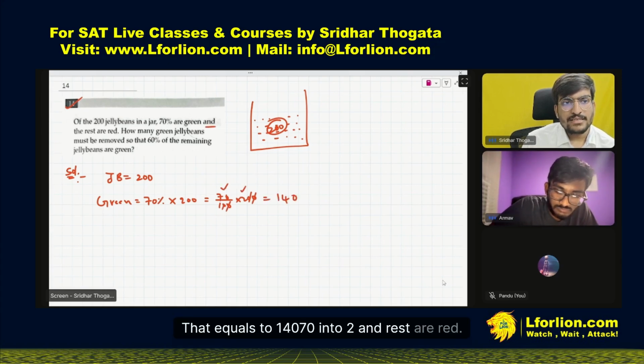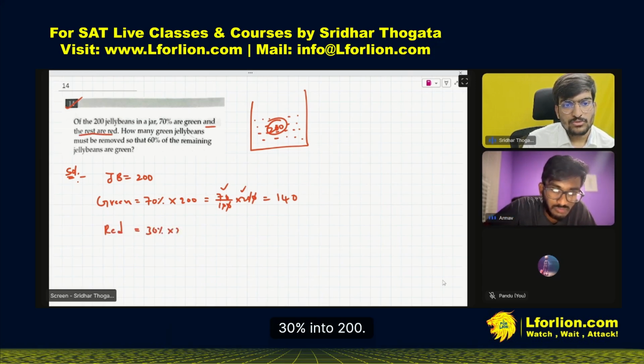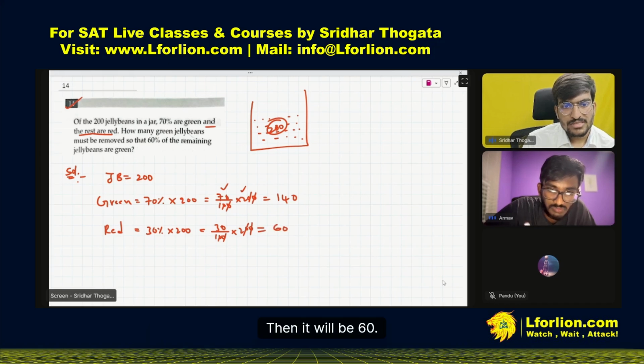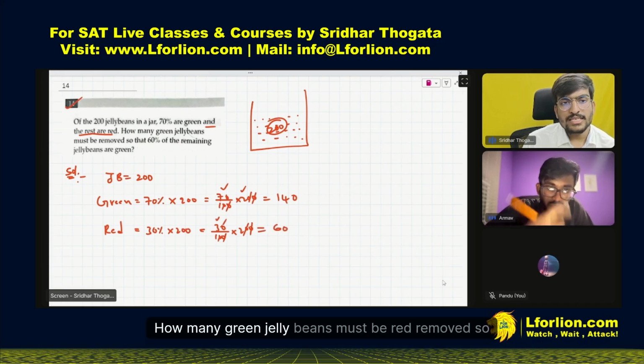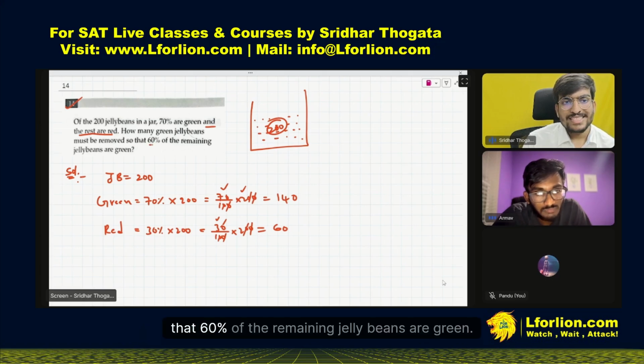And the rest red. So red jelly beans equals 30% into 200, that equals 30 by 100 into 200, zeros cancel out, then it will be 60. How many green jelly beans must be removed so that 60% of the remaining jelly beans are green?